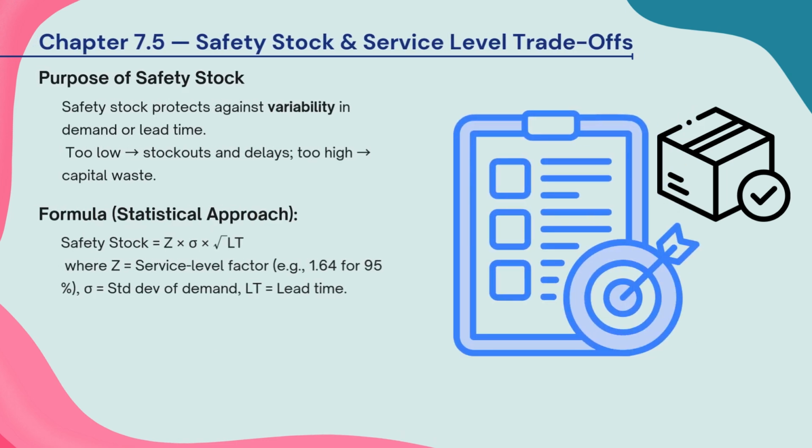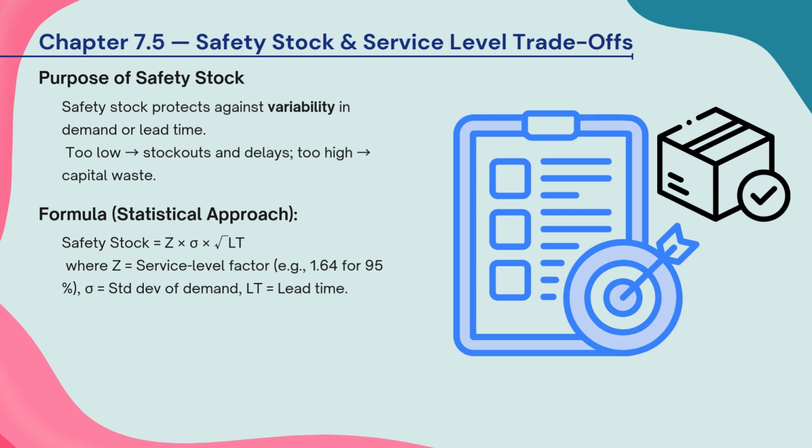Safety stock is used to protect against variability in demand or lead time. If safety stock is too low, it can lead to stockouts and delays in fulfilling orders. On the other hand, if it's too high, it results in excess inventory, wasting capital.